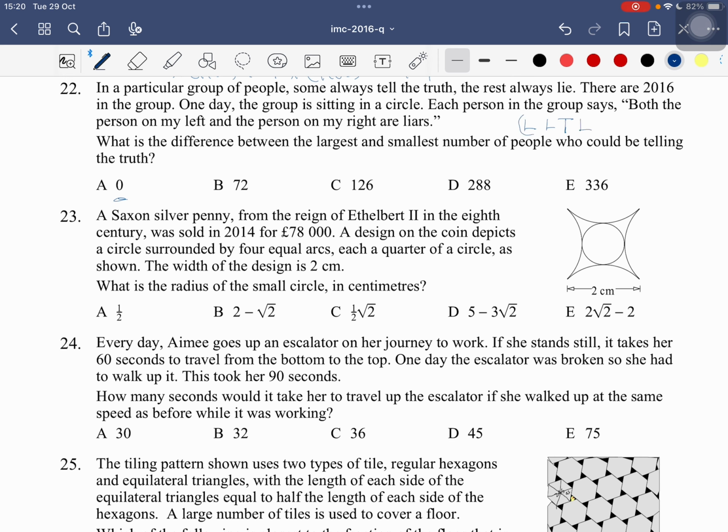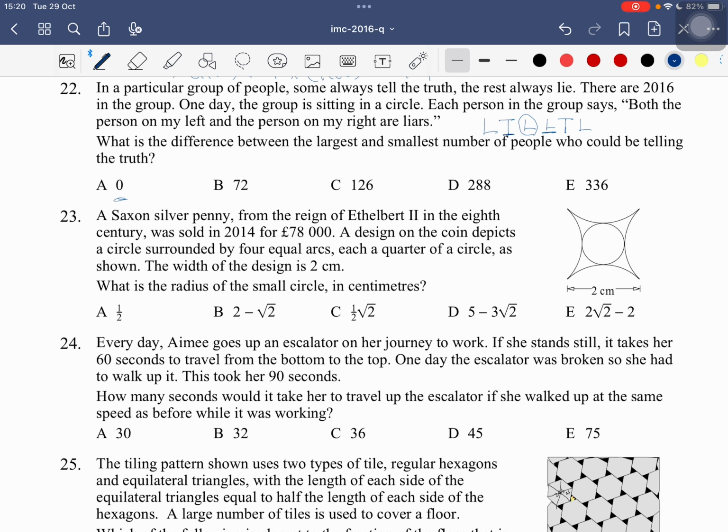And this person is telling lie, one truth. Truth, lie, of course, because this should be both liar. So truth is all of them, like 2 should be telling the lie, like liar.